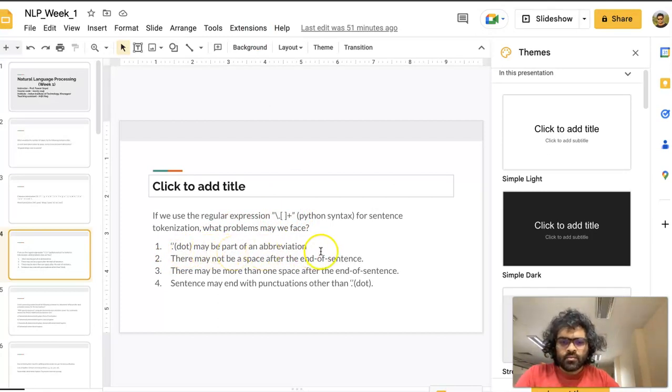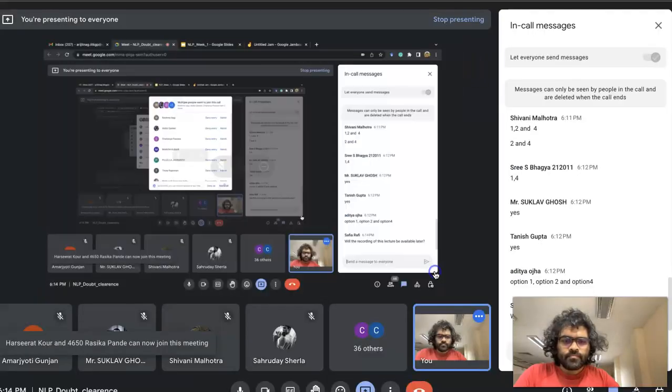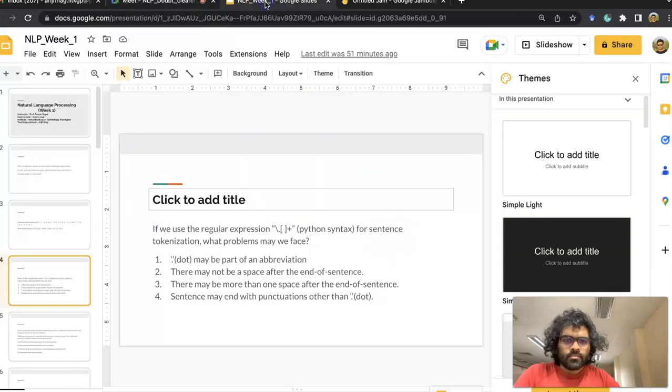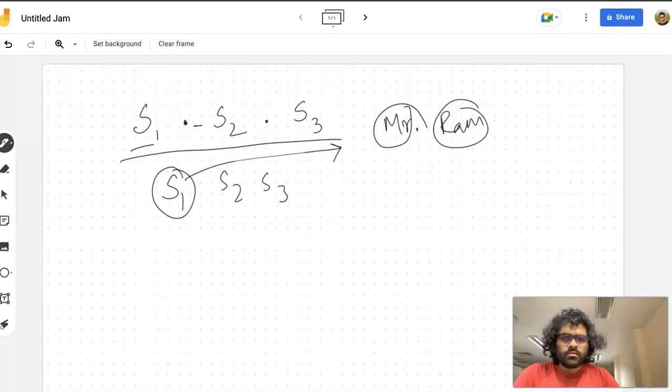Now go to the second problem: there may not be a space after the end of a sentence. Do you think this problem will arise? It may be possible, right? In a corpus, we don't always write sentence 1, then a dot, then a space, then sentence 2. Most of the time we don't care about this.